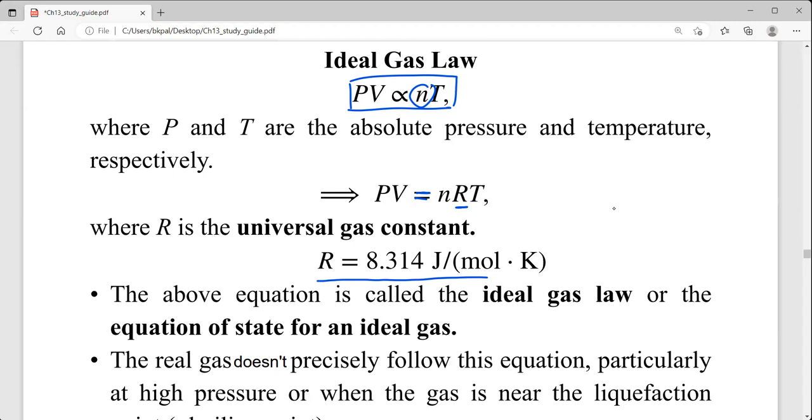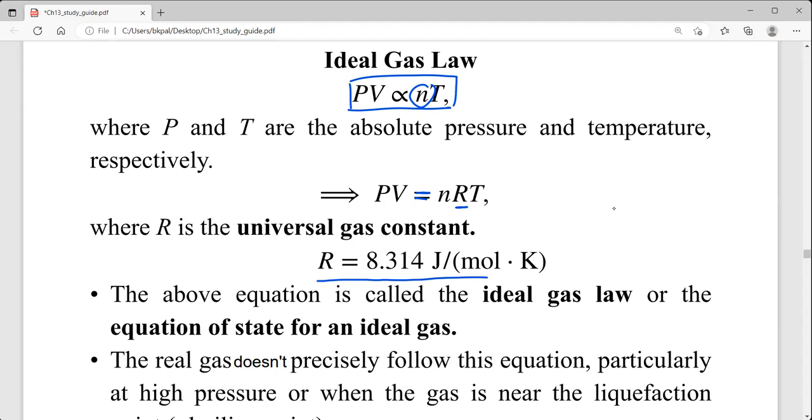Now this equation, although it is for an ideal gas, we can use for a real gas with some restriction. You cannot always use this equation for a real gas, but if the temperature is not close to the boiling point, or if the pressure is not too high, then experimentally we see that this equation can be used for any real gas.